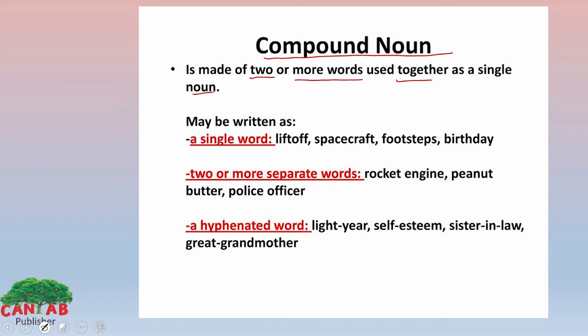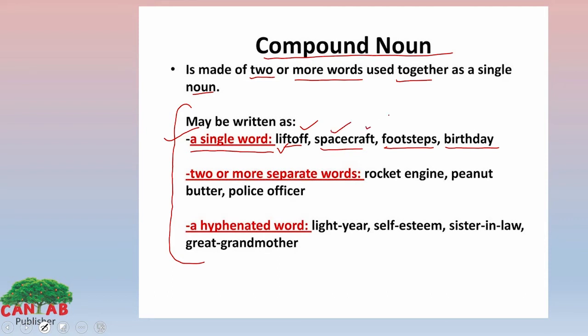There are three ways of forming a compound noun. One is a single word: liftoff, spacecraft, footsteps, birthday. As you can see, lift is one word and off is another word, but if they form together, they convey a different meaning.